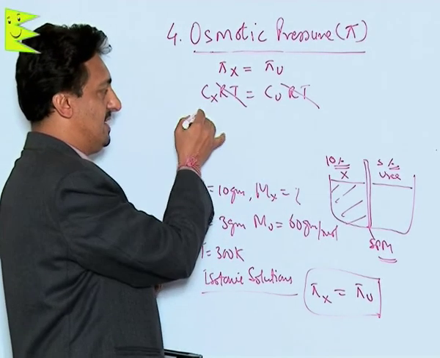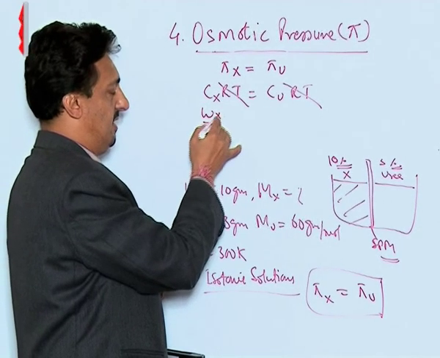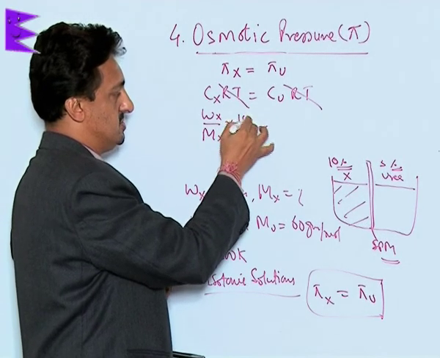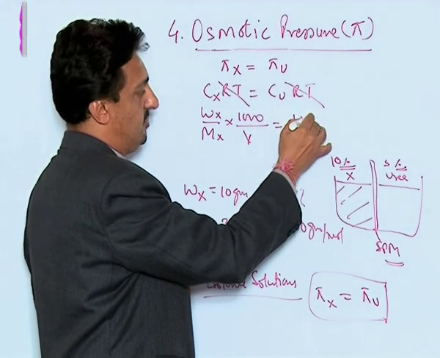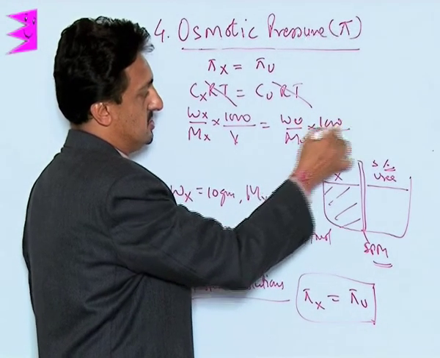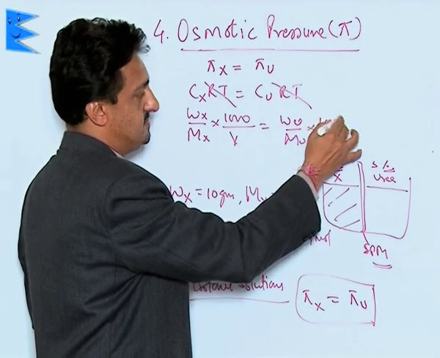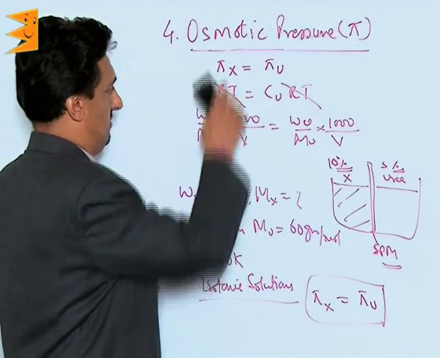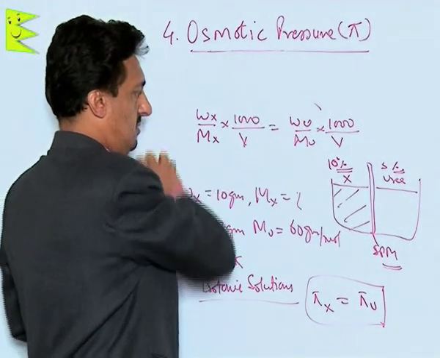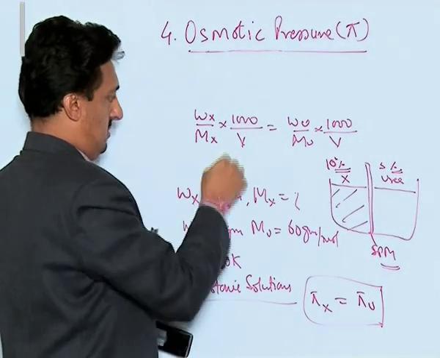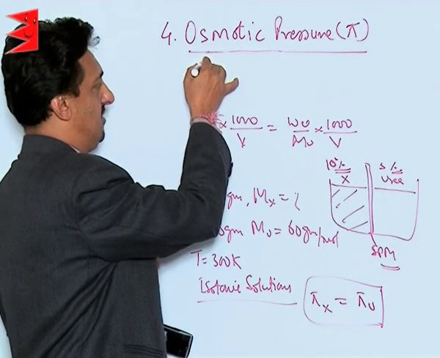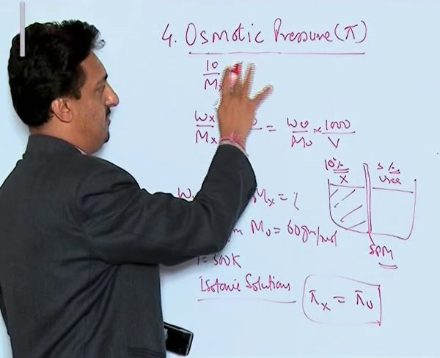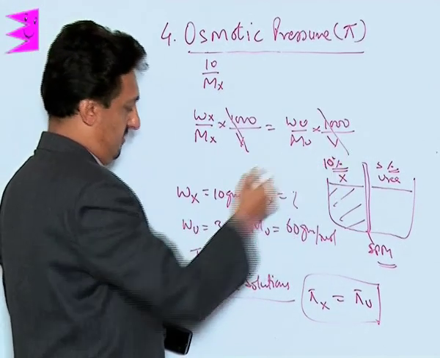Concentration will be in terms of molarity, so it will be the weight of the unknown solute, upon the molar mass of the unknown solute, into 1000 upon V, equal to the weight of the urea upon the molar mass of the urea into 1000 upon V again. So this is our expression. Now we know the values: the weight of the unknown solute is 10 and its molar mass is not known to us. The 1000 upon V is the same on both sides because the volume is 100.